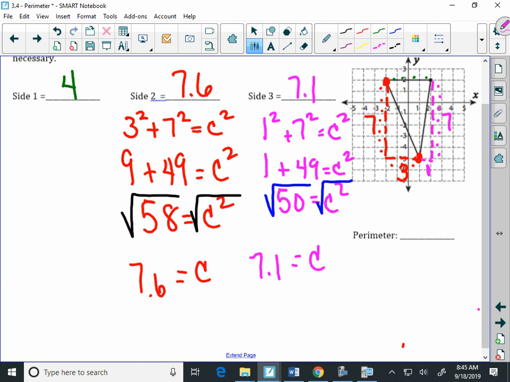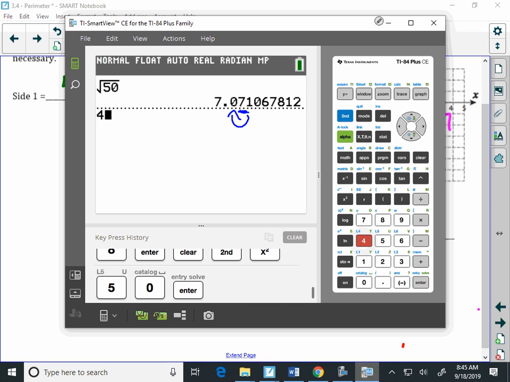And lastly then, we want to find the perimeter of this triangle. We had to do a bunch of work to get to that point. But now that we have, we can add the 4 plus 7.6 plus 7.1, and we get 18.7.